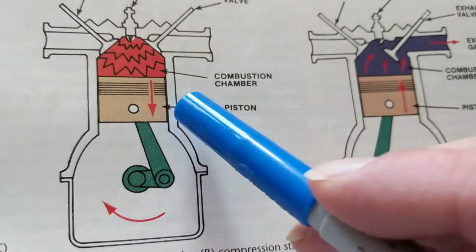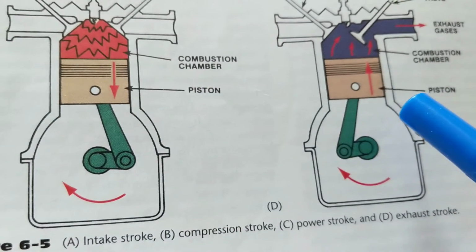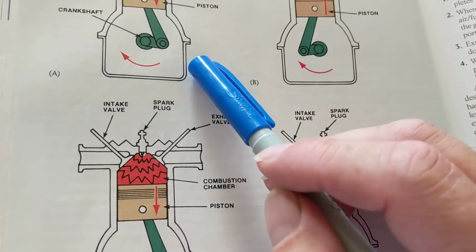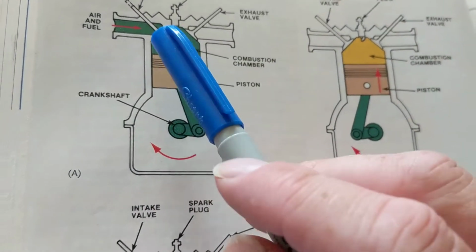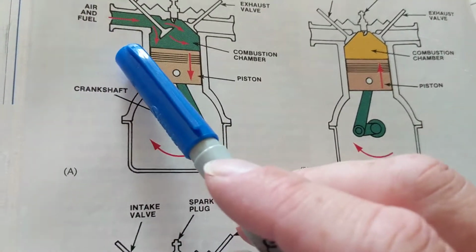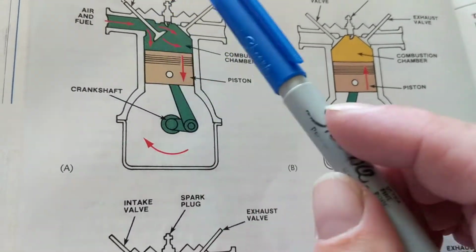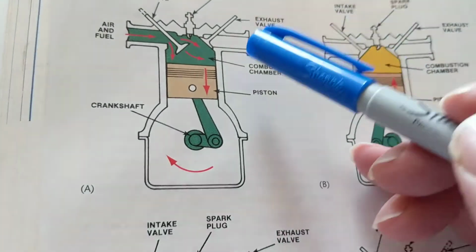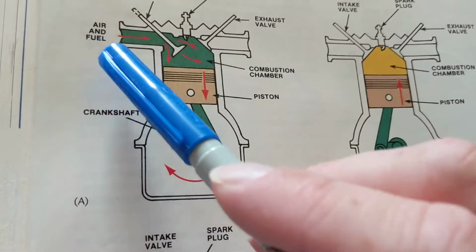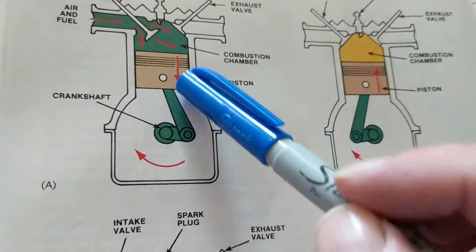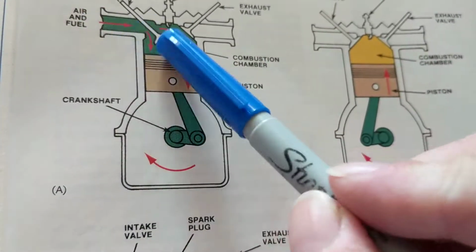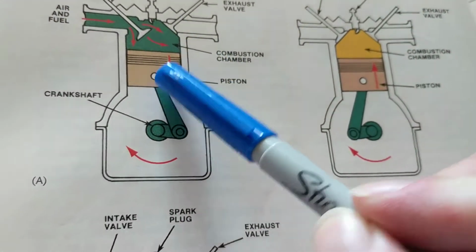We need torque. We need horsepower. So we have to go over it again because it's very difficult to understand. We first need air and fuel. Fine. This is open. Oh, excuse me. A little dry today. But anyway, air fuel comes in. This is on its way down, letting as much as it can into this area by going down.